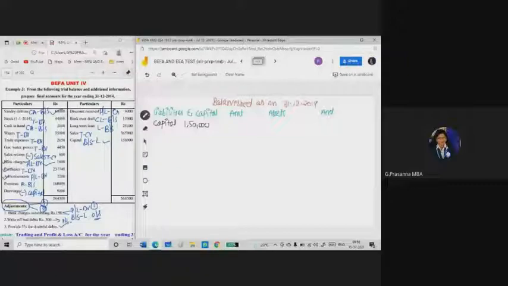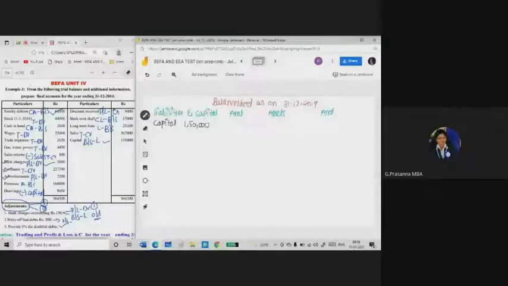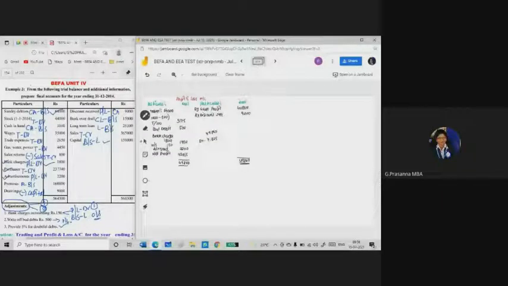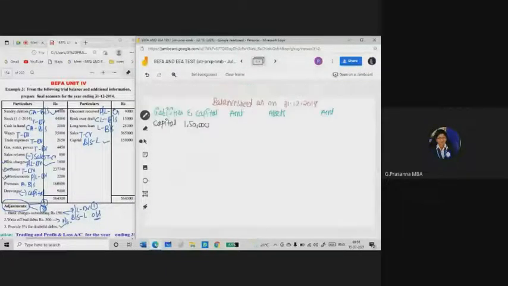If you are getting net loss, you need to deduct it from the capital. So in this question, we can say we got net profit, that is 42,035 rupees. So you need to add this net profit amount, 42,035 rupees.